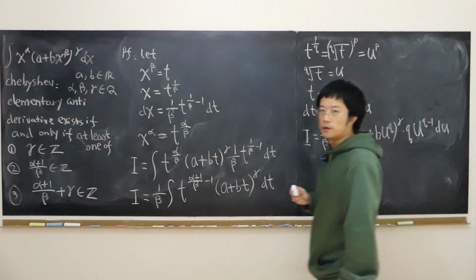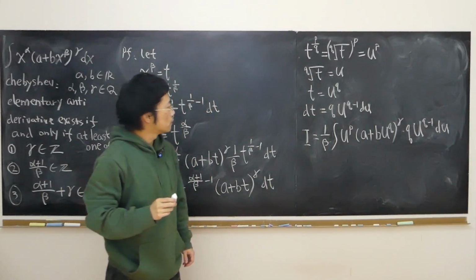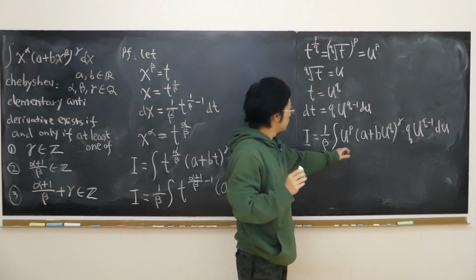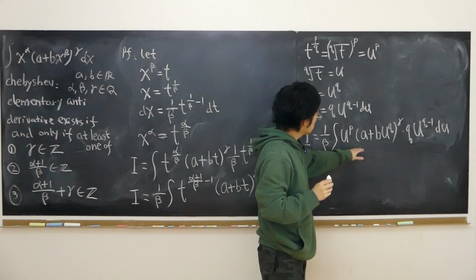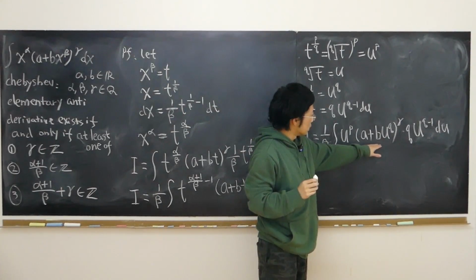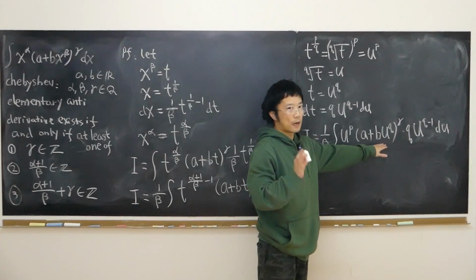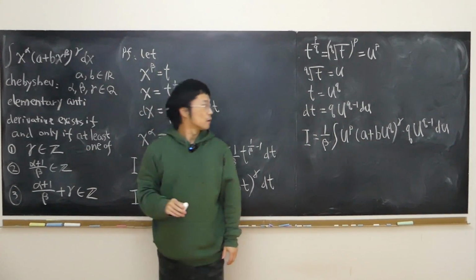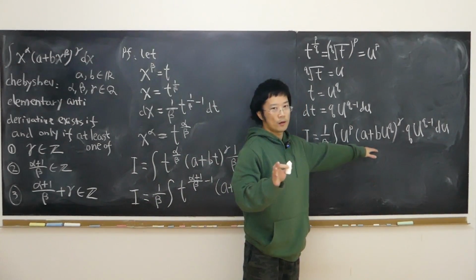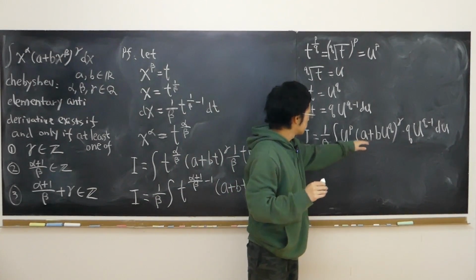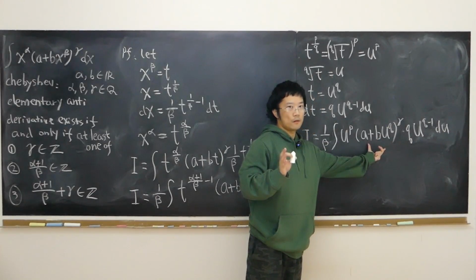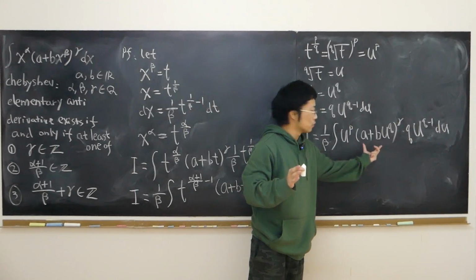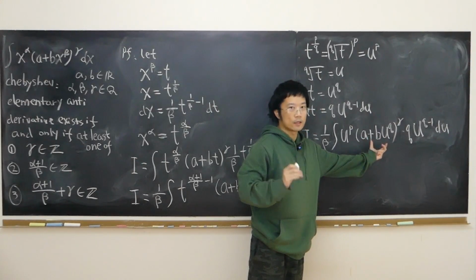Okay, now let's have a look at what's going on inside this integral. So u to the power of p is a polynomial. And a plus b times u to the q to the power of gamma: in the first case scenario, we assume gamma now is an integer. Whether gamma is a positive integer or negative integer doesn't matter. This quantity is going to be either a polynomial if gamma is a positive integer, or a rational function if gamma is a negative integer.